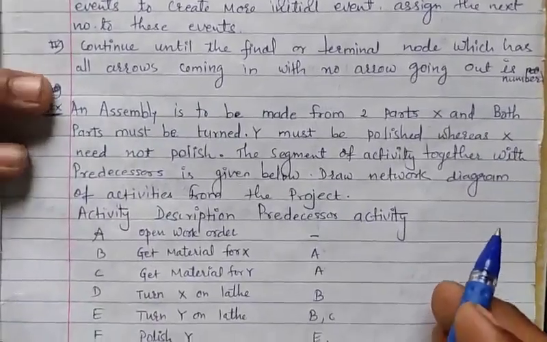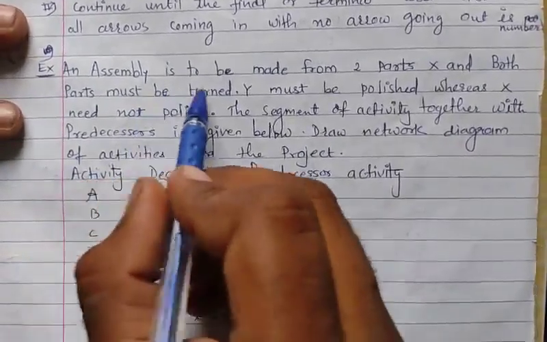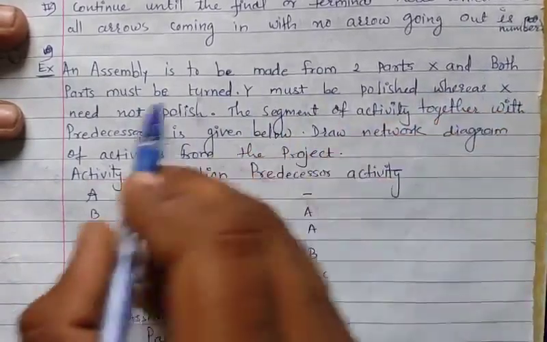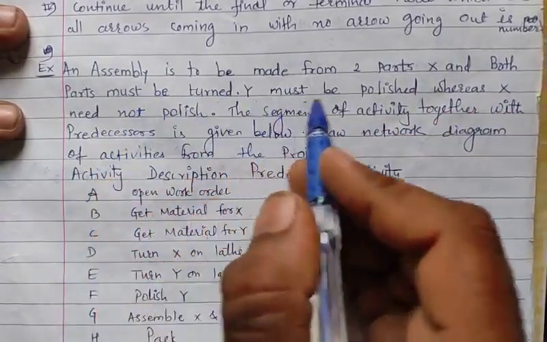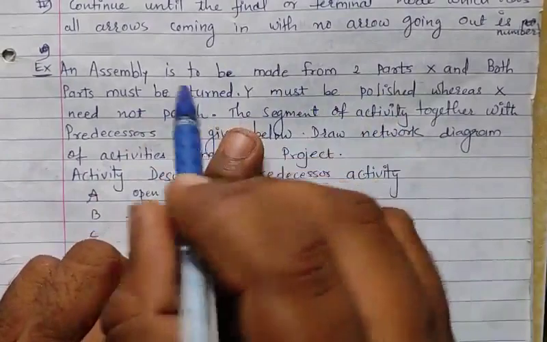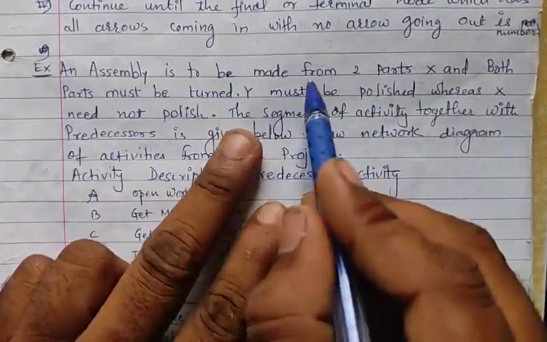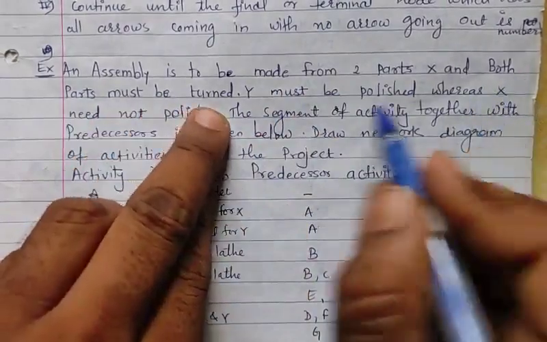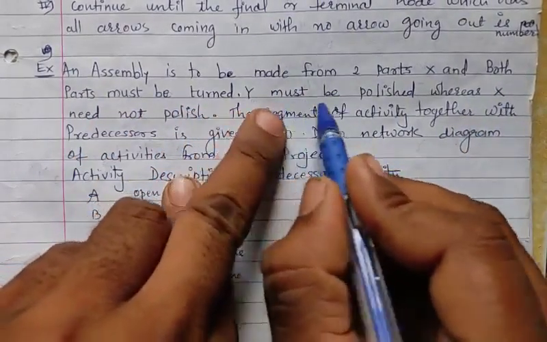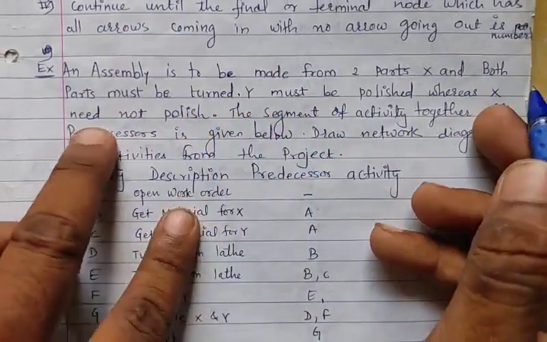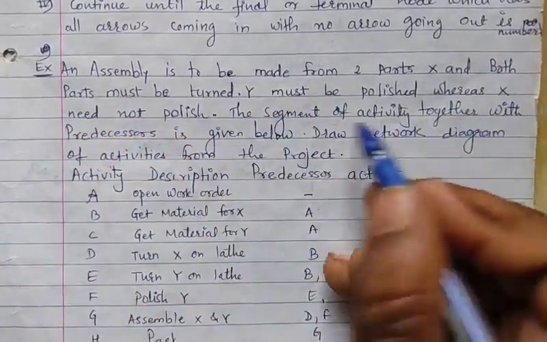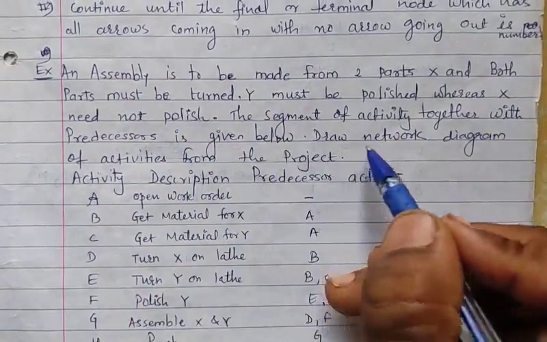Let's see the example. An assembly is to be made from two parts X and Y. Both parts must be turned. Y must be polished whereas X need not be polished. The segment of activity together with predecessors is given below.